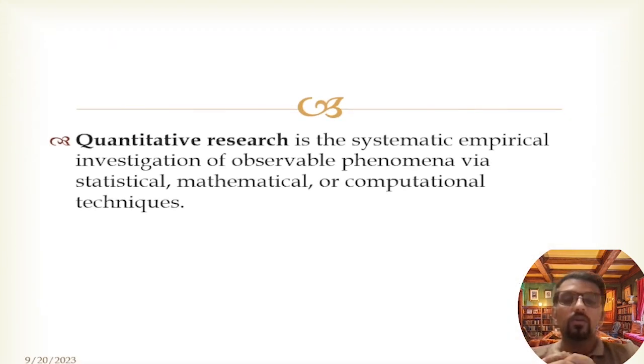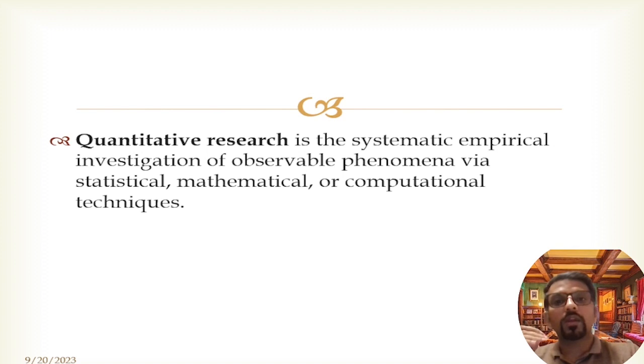Whereas quantitative research is a systematic empirical investigation of observable phenomena where statistical, mathematical, or computational techniques are used. So basically, qualitative research focuses on gaining a deep understanding of social phenomena within their naturalistic context, and it strives to answer why rather than what.